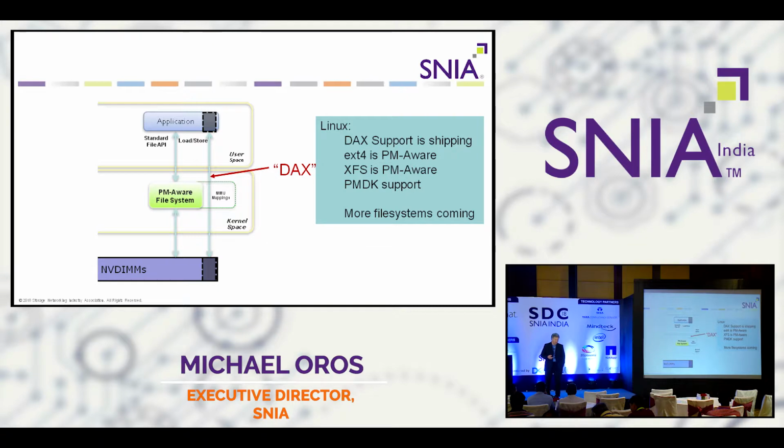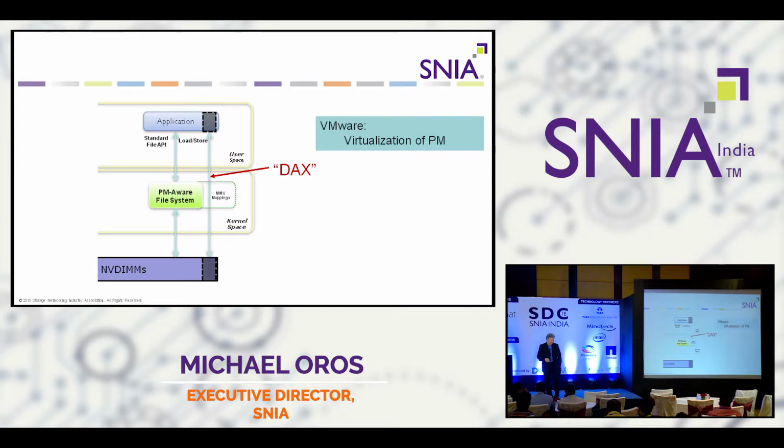The DAX support is shipping. ext4 is PM aware. XFS is PM aware. There's also PMDK, the persistent memory developer kit, to spell out my acronyms, bad habits. And there are additional file systems coming to Linux that will be PM aware.